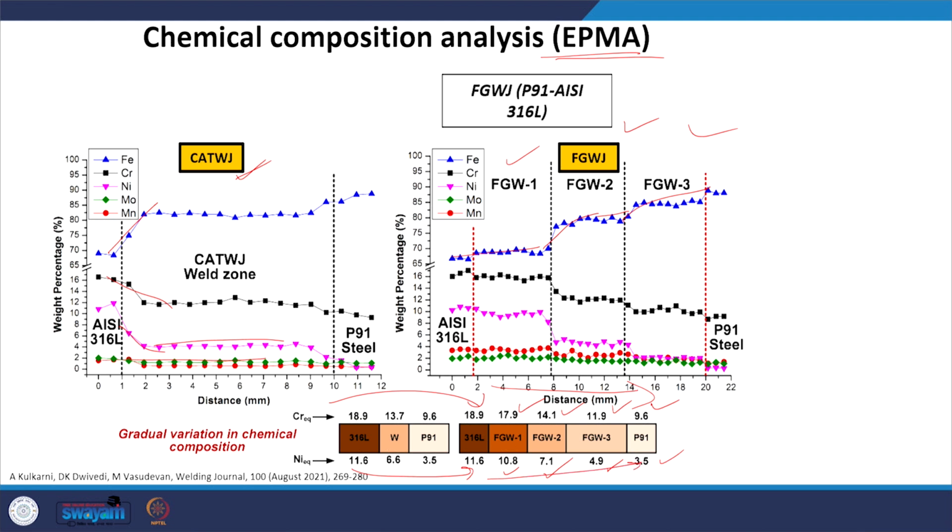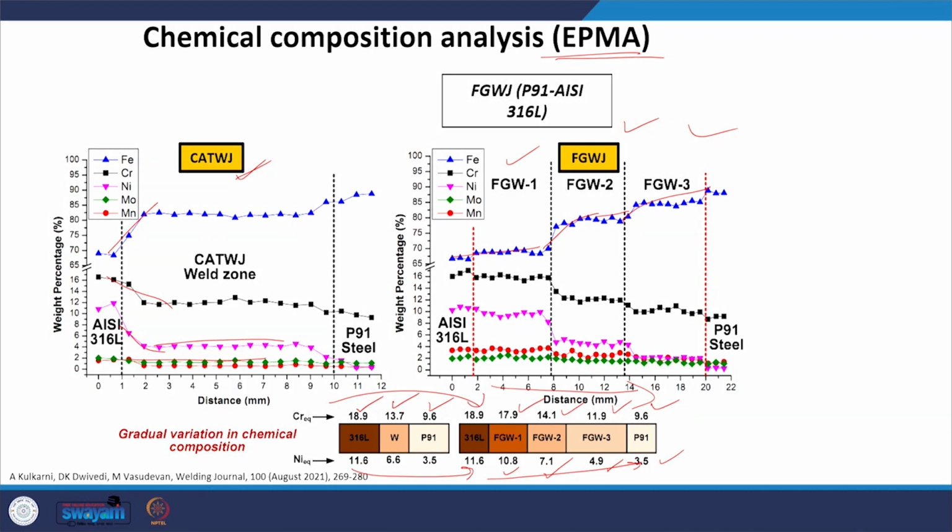It is not a direct change like 18.9, then 13.7 and 9.6. Similarly, nickel equivalent changes from 11.6, 6.6 and 3.5. So, there is just one step there, otherwise here we have 3 steps. That indicates more effective grading as far as compositional variation is concerned, and that is expected to improve the properties significantly.